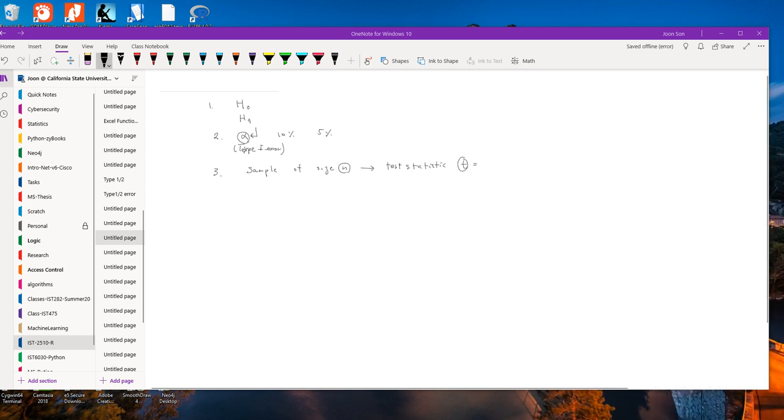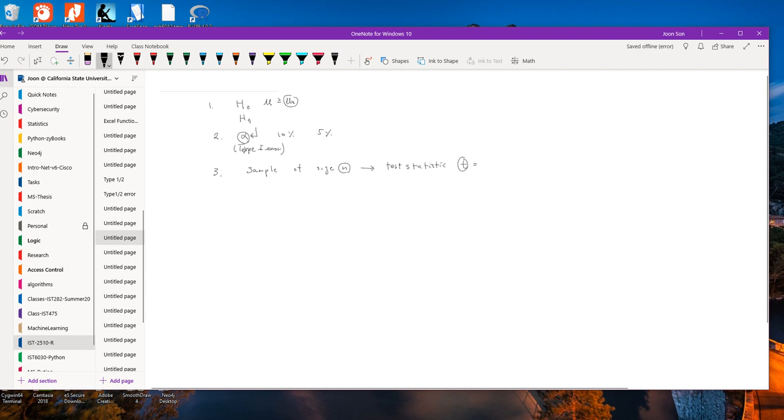So for the lower tail, the null hypothesis is that the population mean is greater than or equal to mu naught, some value.